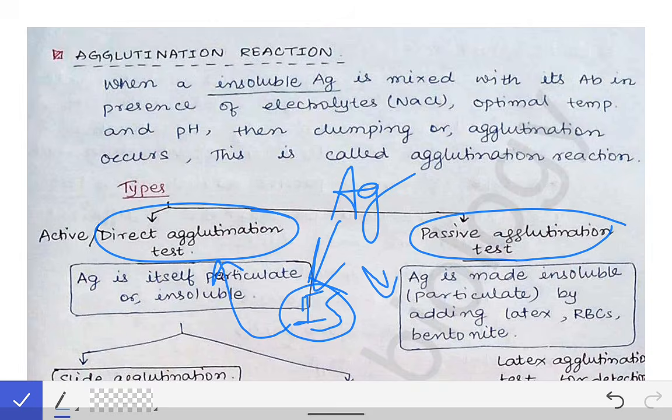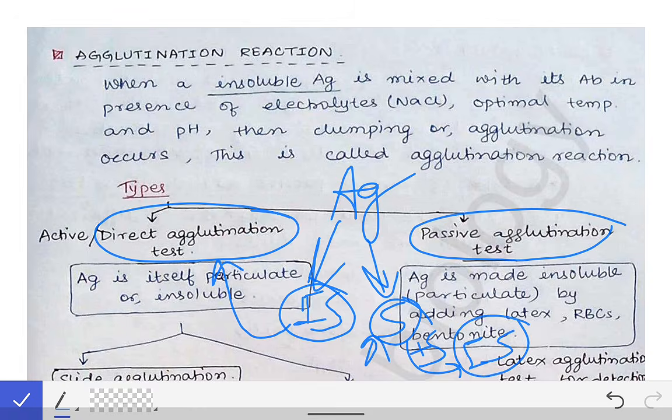And if the antigen is soluble, then we can make this soluble antigen insoluble by adding some substances. Suppose substance S is added to this soluble antigen and we make it insoluble after that.